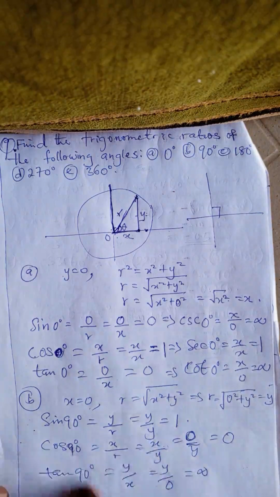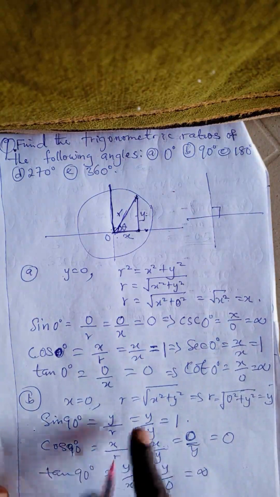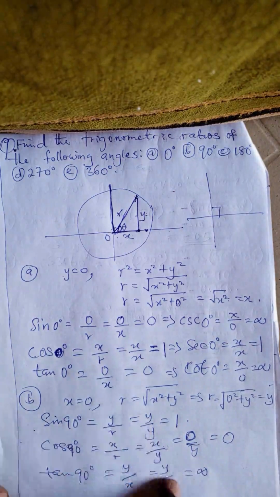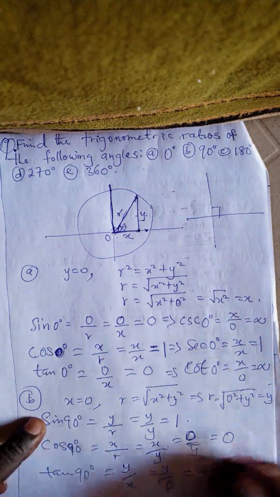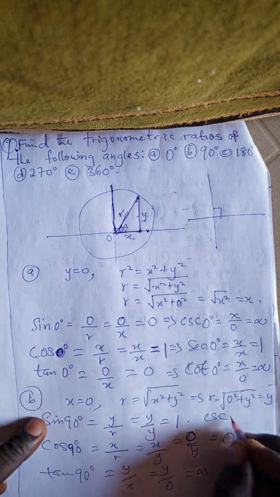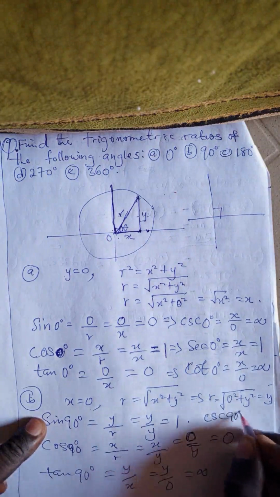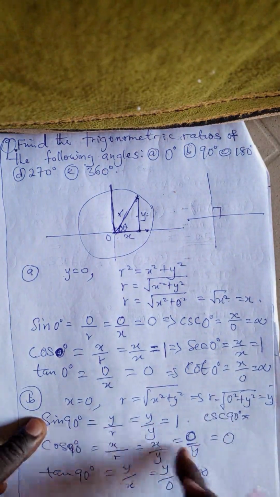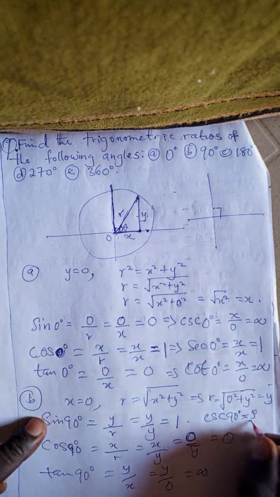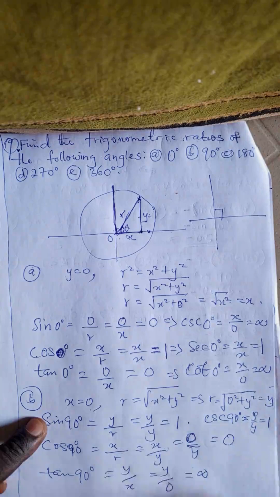Now we look at the other three trigonometrical functions that can be derived from these first three. So we talk about the cosec. Cosec 90 degrees is equal to simply y over y, because everything is y, and this is equal to 1.